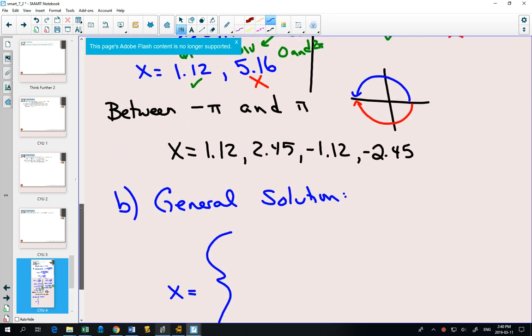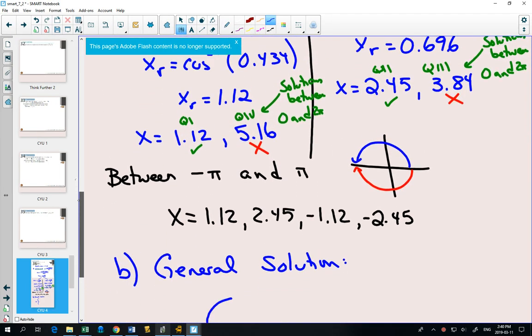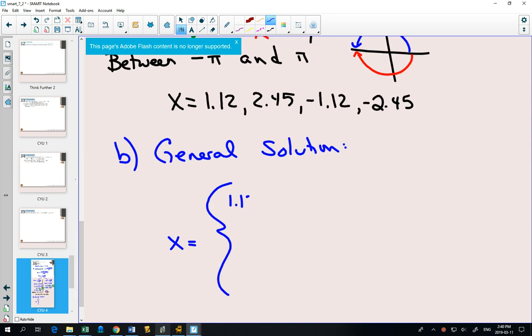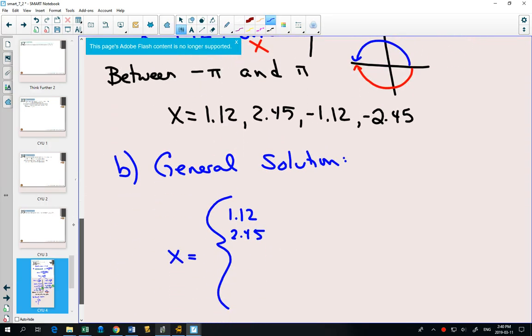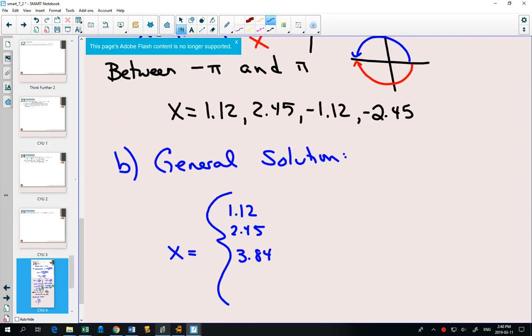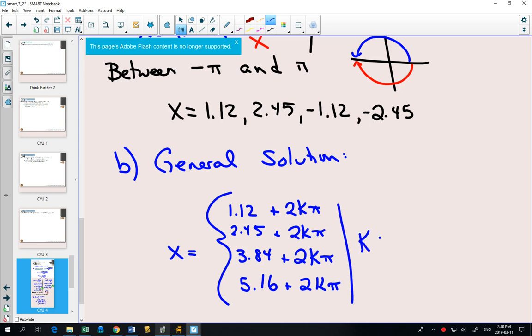We did that already. We have 1.12, 2.45, 3.84, and 5.16. We're in radians, so plus 2k pi, plus 2k pi, plus 2k pi. Where k is an integer.